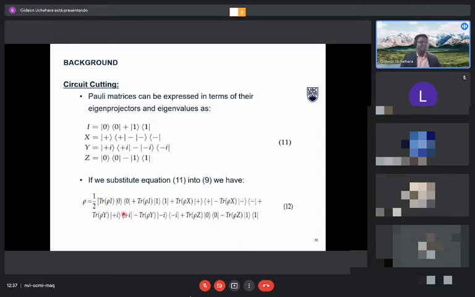Basically, you have some trace operation, which is the expectation value of some observable, and an initialization to some state, which is the eigenstate: the measurement of the expectation value of I, and then the initialization to another eigenstate of I. The same thing we do for X. Take the expectation of X and then initialize the circuit to its eigenvector.